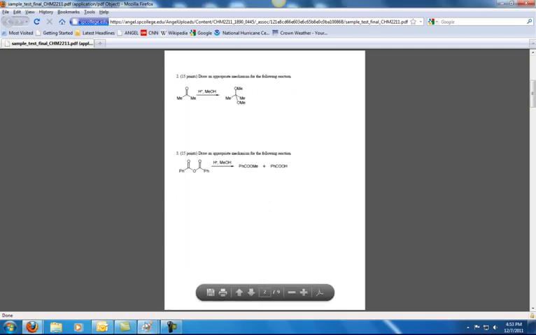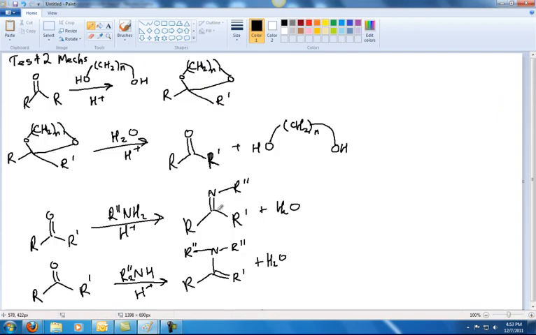Now to do this, I want you to take a look at this screen here. These were the mechanisms that I wanted you to know for test 2, and those were formation of a cyclic acetal, hydration of a cyclic acetal, the addition-elimination of a primary amine to an aldehyde or ketone, and the addition-elimination of a secondary amine to an aldehyde or ketone.